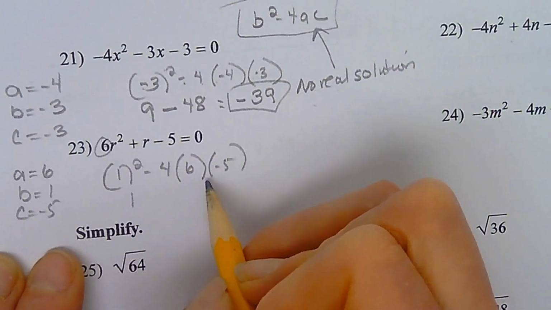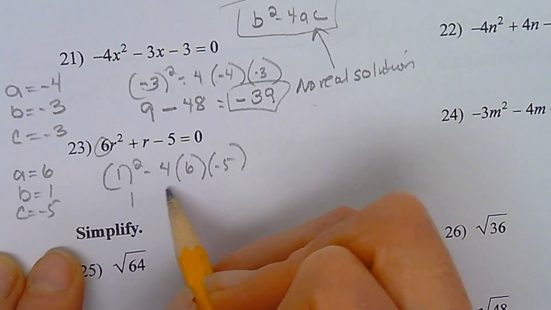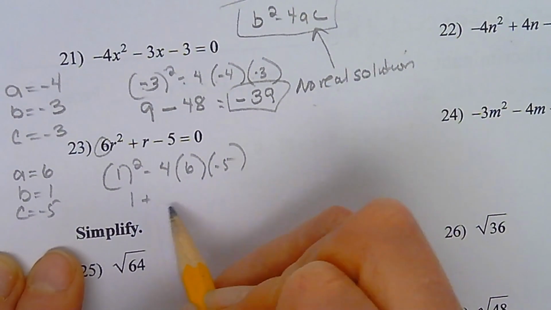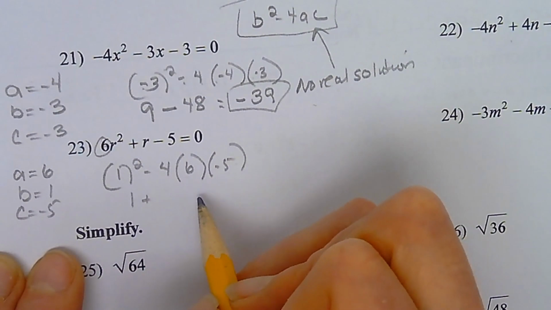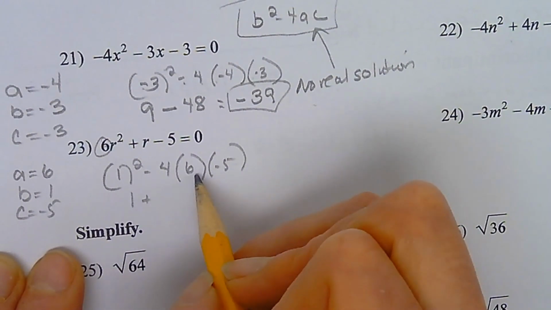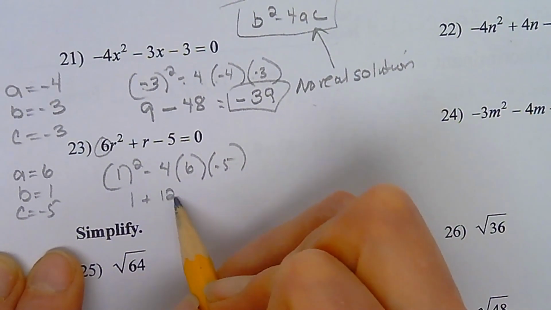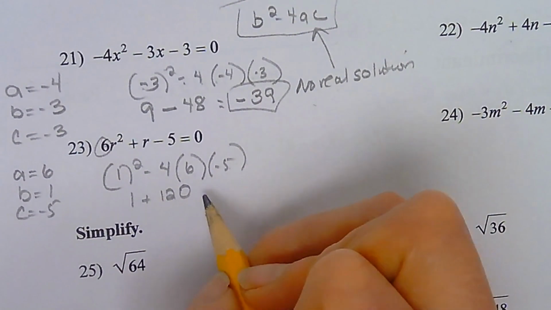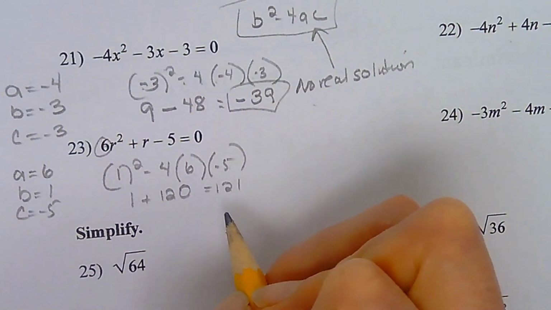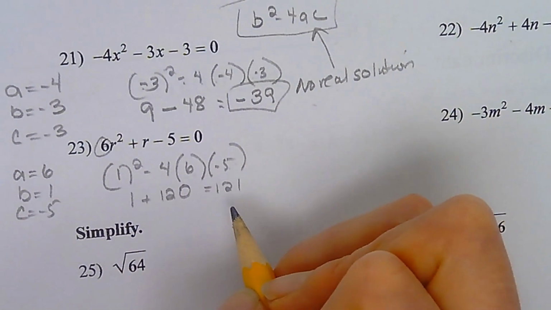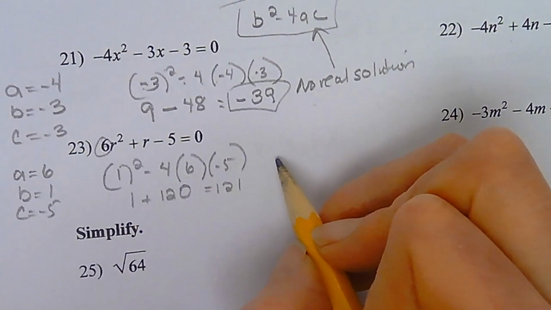So that's 1. And that's minus times a minus, so it's plus. 20 times 6 is, or 24 times 5, whichever, is 120. This is a very big positive number, which is nice because that tells us that there's 2 solutions.